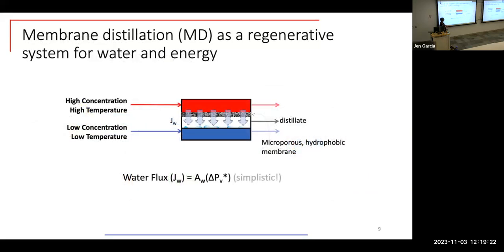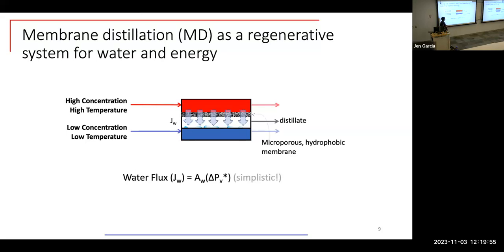Okay, and at the core of this system is our membrane process, which is a membrane-assisted distillation process. And this is a really cool process that we've been studying for the past several years, at least in our research group, that can actually take low-grade heat to separate a very high concentration stream into a very high quality distillate water and an even more concentrated slurry.